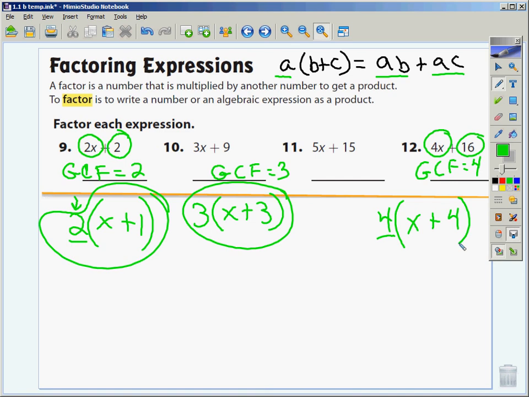Good? Sure. What's the greatest common factor? 5. What do I multiply 5 by to get 5x? Just what? X, right? What do I multiply 5 by to get 15?